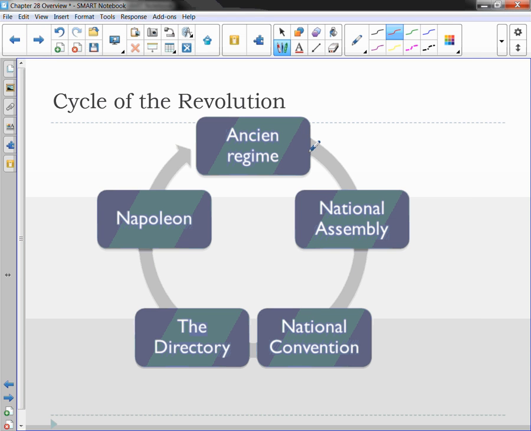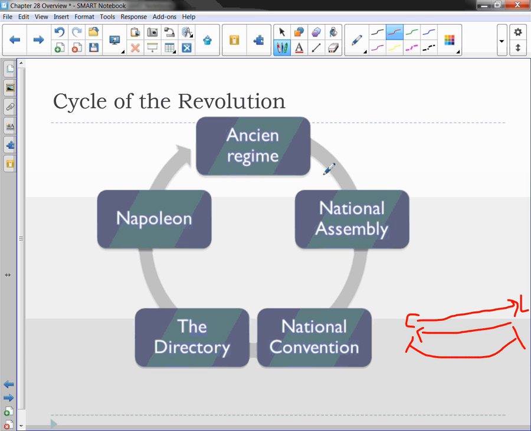Okay. So the cycle of the regime, you can kind of think of it as a pendulum swinging back and forth from conservative to very liberal and then back again. Or you can think of it more as a circle where you move from the National Assembly to the National Convention.